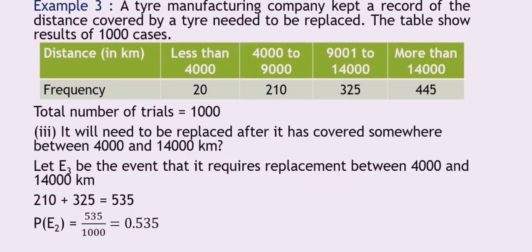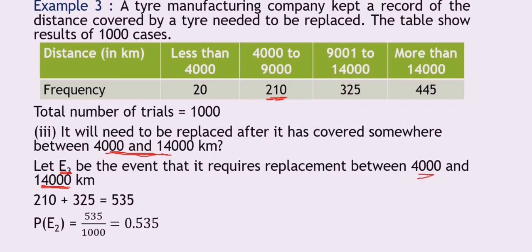It has to be replaced between 4,000 and 14,000. I have named that as my event E3. Event E3 is that it requires replacement between 4,000 and 14,000. Between means it has to cover a distance of more than 4,000 but less than 14,000. So this is less than 4,000. This is 4,000 to 9,000, which means it is more than 4,000.